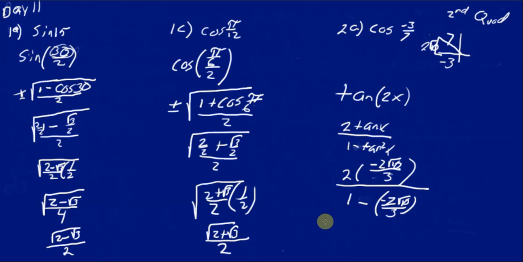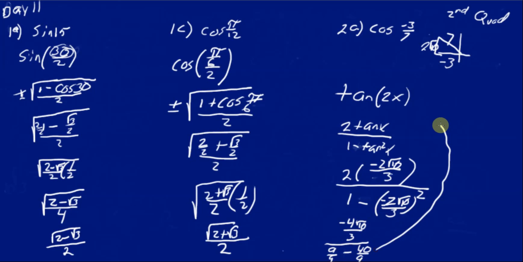Okay, so up top we're going to multiply those together. That's going to be a negative 4 root 10 over 3, and that's divided by, we're going to make this, that's squared, we're going to make this 9 over 9 minus, because we are squaring this negative 2 root 10 over 3, which becomes 4 times 10 or 40 over 9.